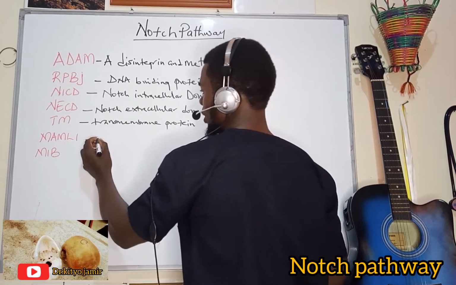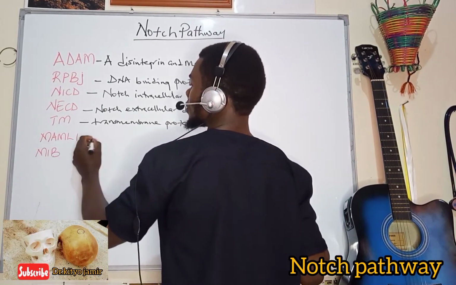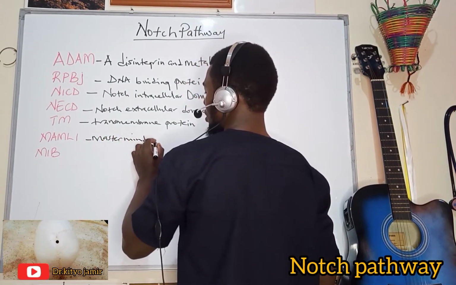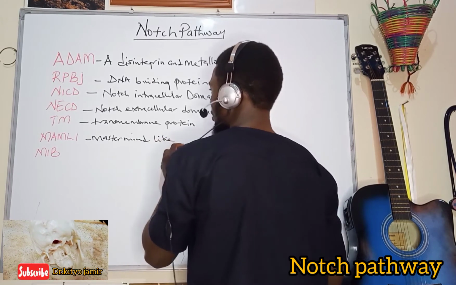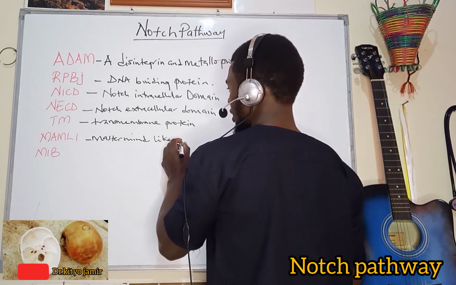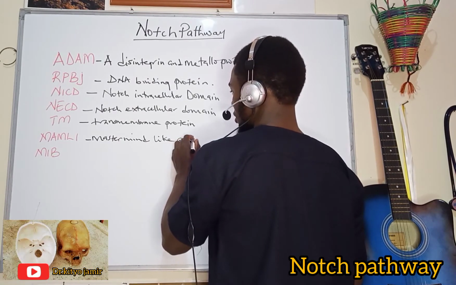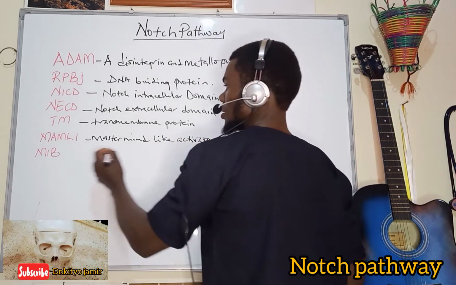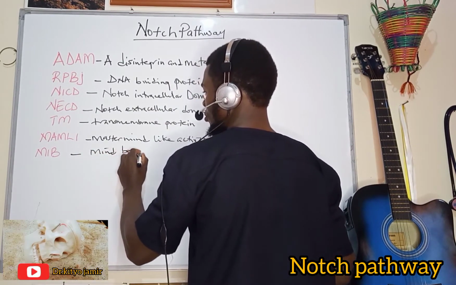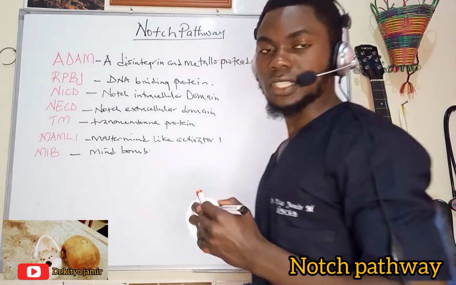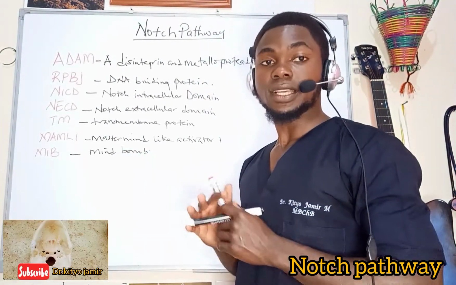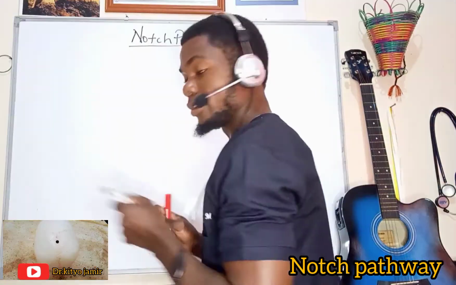Then this one is mastermind-like activator 1. Then this one is the mind bomb. So we are going to be coming across these short forms in our pathways, and this is what they stand for. Let us go to the pathway and see what we are going to have.